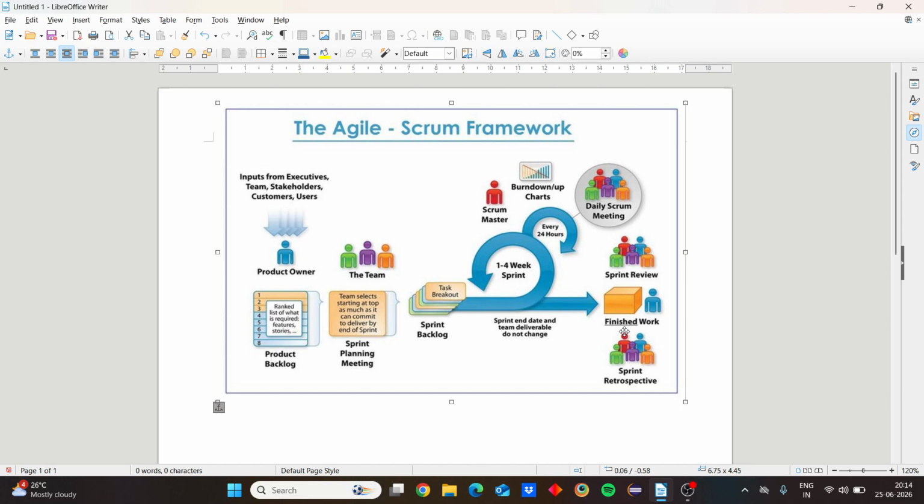So now going to the sprint retrospective meeting. What is the sprint retrospective meeting? The sprint retrospective meeting is conducted only once after completion of every sprint. When the sprint is completed, then a retrospective meeting is conducted.